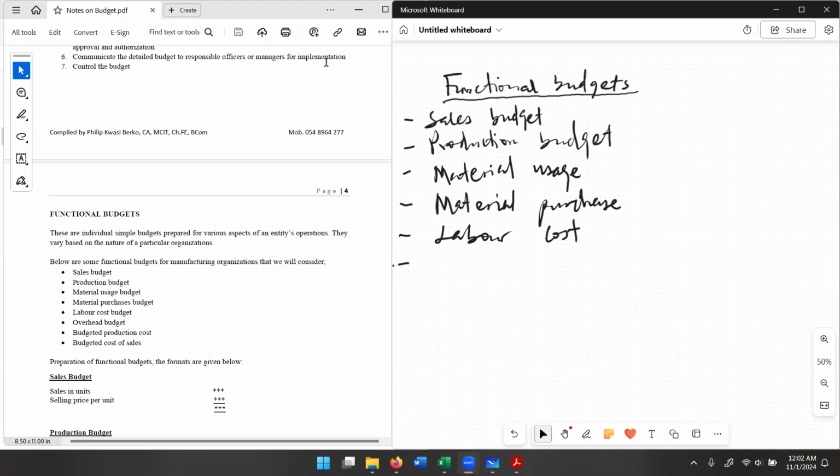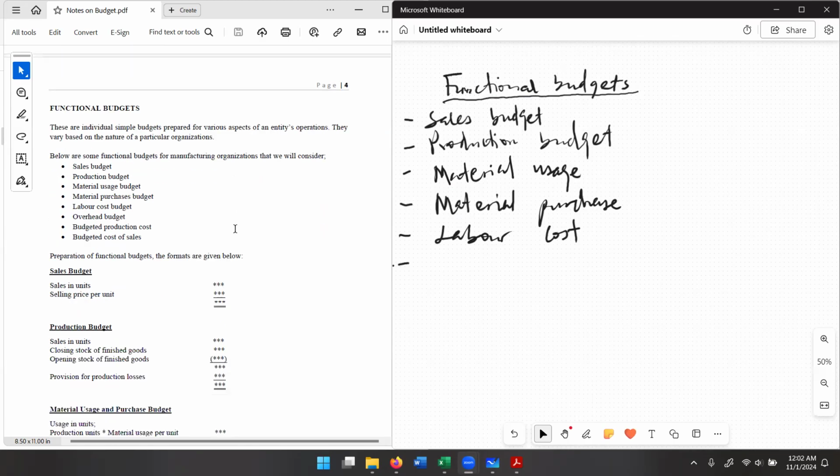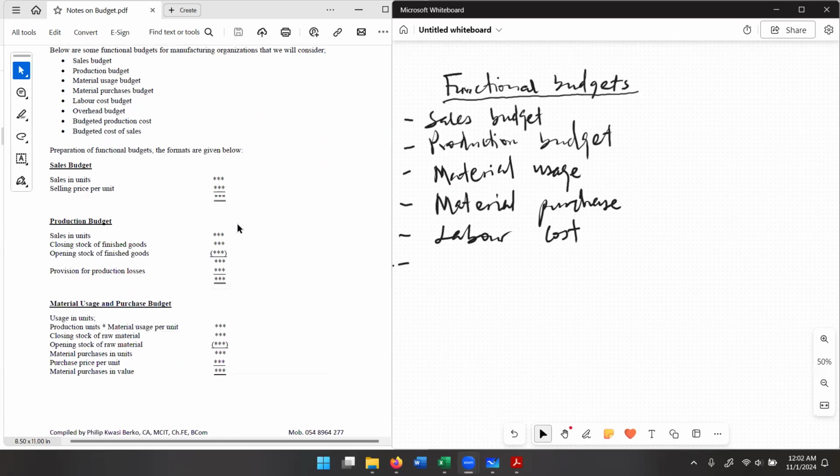All right. Okay, so let's continue. So these are the formats. So we will look at the formats one after the other.